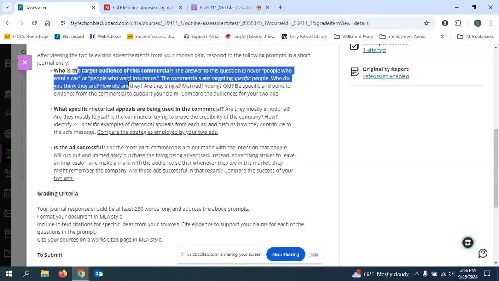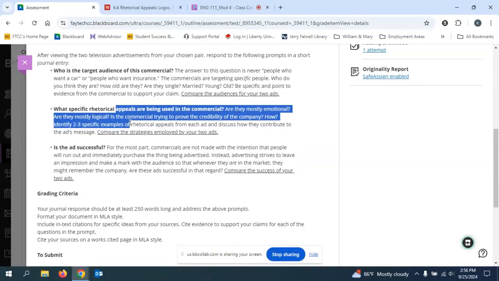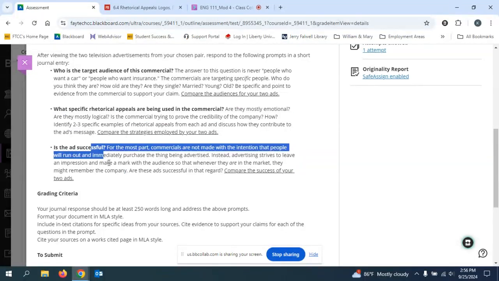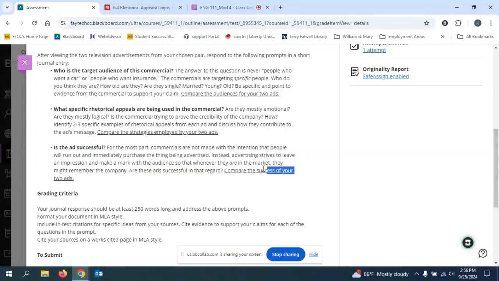Whoever you determine your target audience is for each commercial is going to help you figure out if the ad is successful at meeting that target audience. And the rhetorical appeals that are used are going to help you determine that as well. You need to compare the success of the two ads.